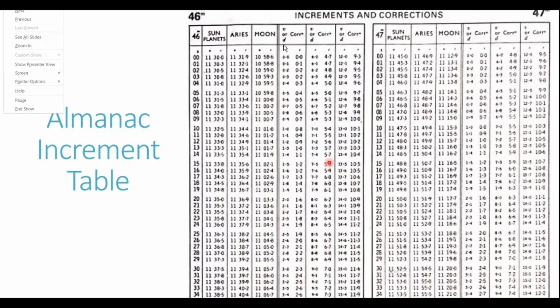On one particular day, the planet may be moving with a speed of 15 degrees per hour. In the next day, or let's say after 10 days, it may be moving with a speed of 15 degrees 2 minutes. Now, if it changes its rate of change of GHA, the increment table becomes redundant. Increment table is basis a fixed value. So the increment table will have some error in that case, because the increment is given on the basis of 15 degrees per hour, but the planet is actually moving at a rate of 15 degrees 2 minutes per hour.